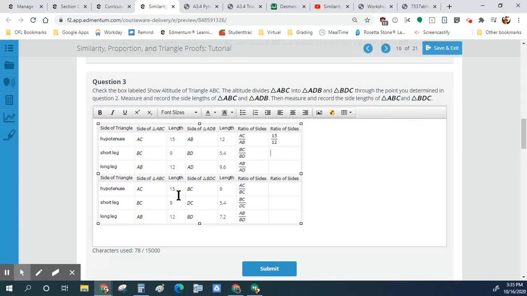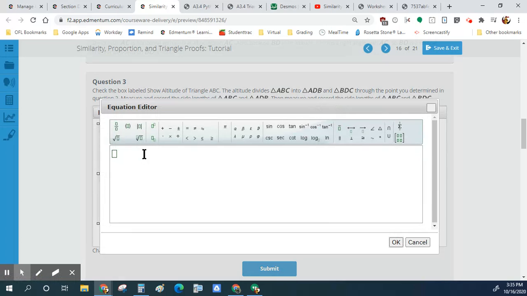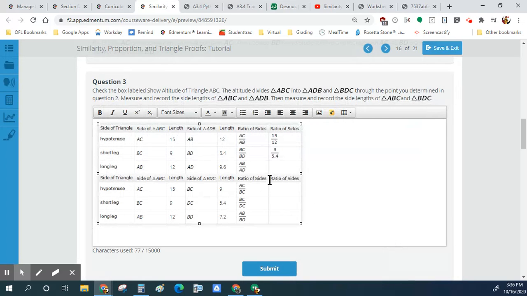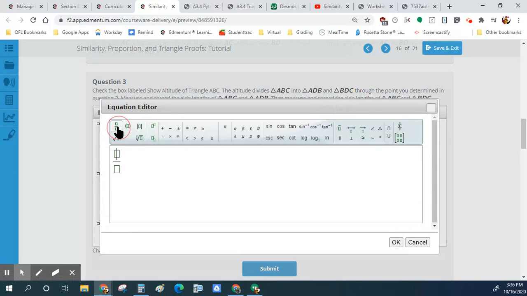Next fraction tool, we're going to do 9 over 5.4. And we're going to do 12 over 9.6.